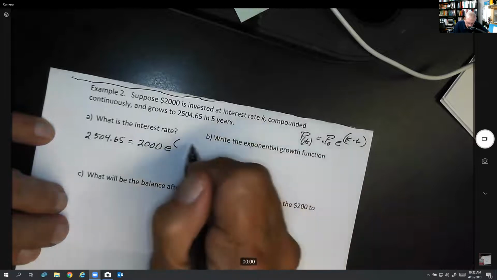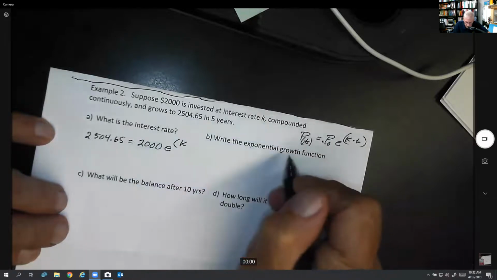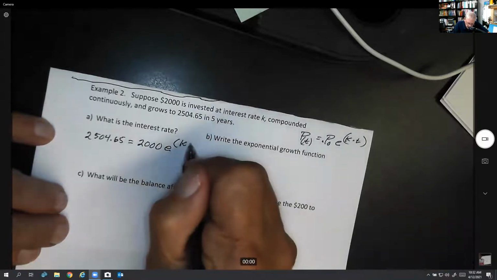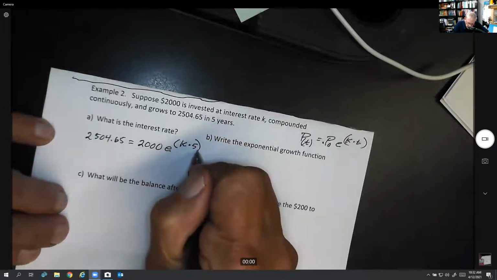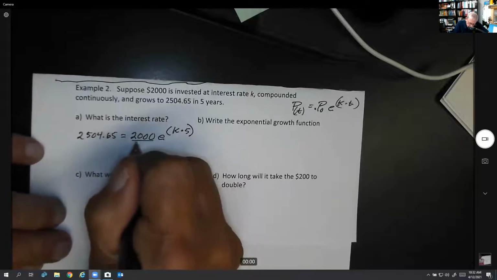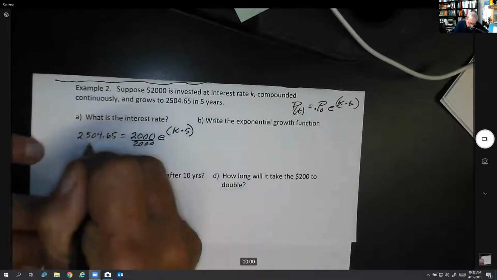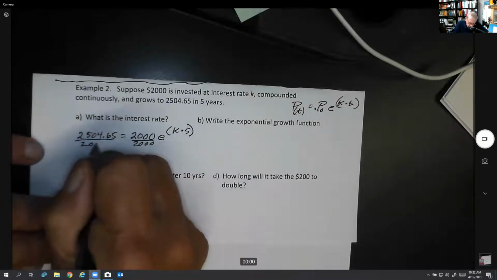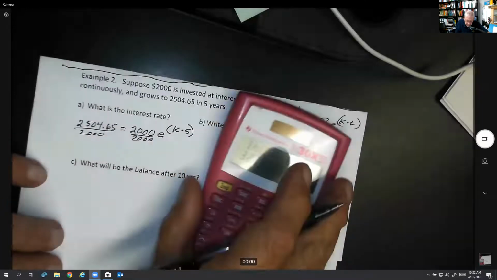K is the rate of interest, and we don't know that, times the number of years, which is 5. So this is a little bit harder than the first one, but not too much more. How are we going to figure out K? Well, let's divide first.